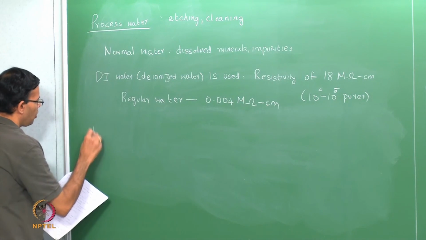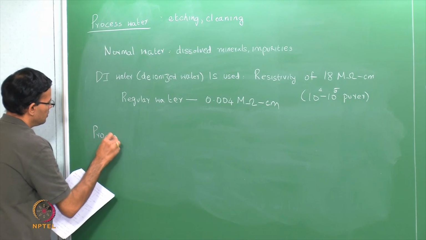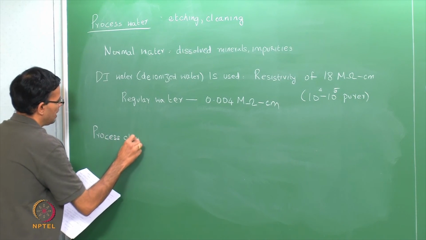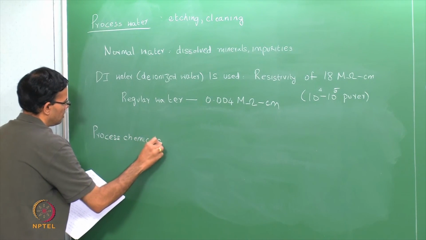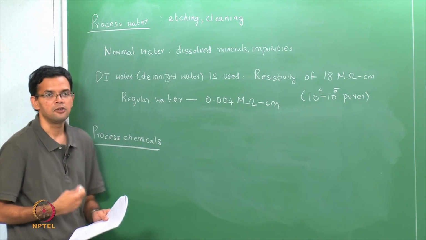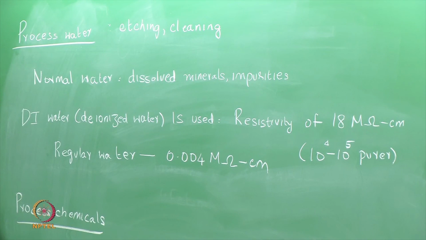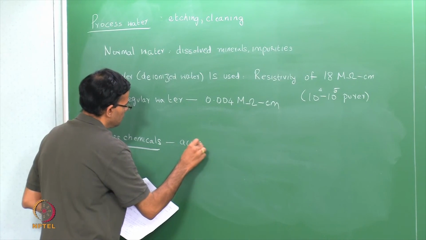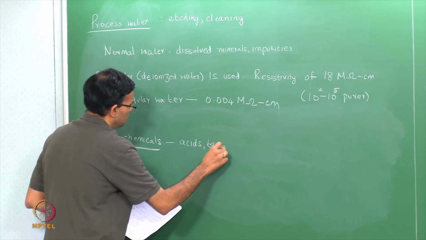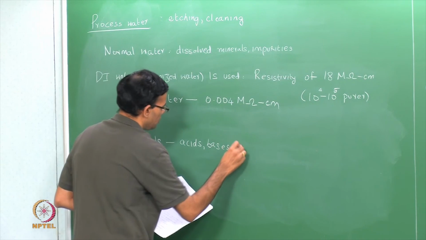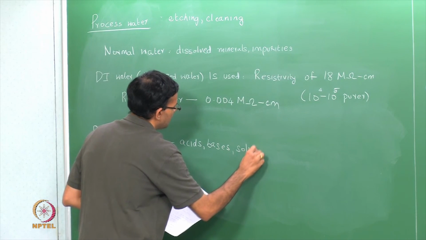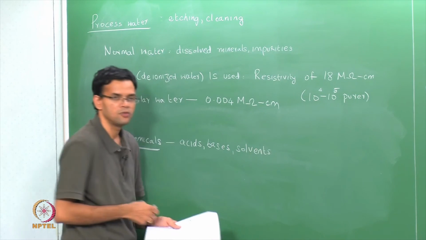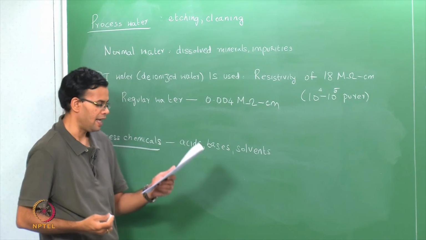We also have process chemicals, and we said that any contaminants in the chemicals can lead to contamination of the wafer. So, chemicals that are typically used are acids, bases, solvents like acetone or ethanol or IPA, which is isopropyl alcohol.